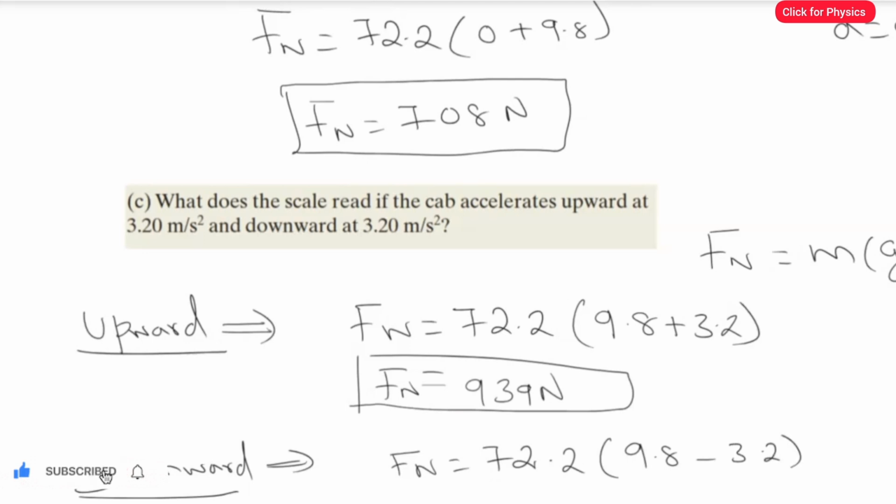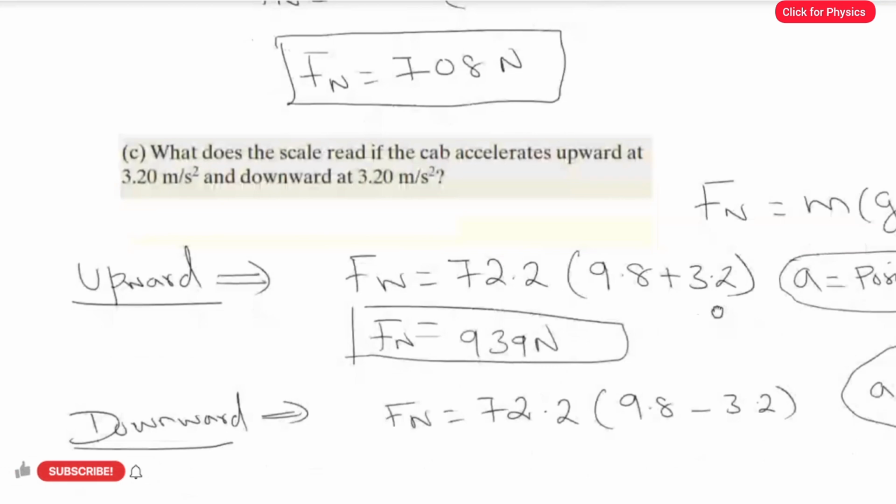Better I write the information here. For the upward motion, the acceleration of the elevator takes positive, and for the downward direction, the acceleration of the elevator takes negative. It's clear? Okay.